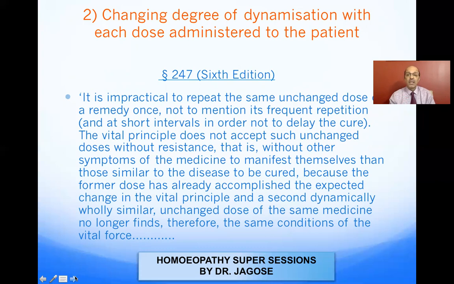The vital principle does not accept such unchanged doses without resistance, that is, without other symptoms of the medicine manifesting themselves than those similar to the disease to be cured. Because the former dose has already accomplished the expected change in the vital principle, and the second dynamically wholly similar, unchanged dose of the same medicine no longer finds, therefore, the same condition of the vital force.